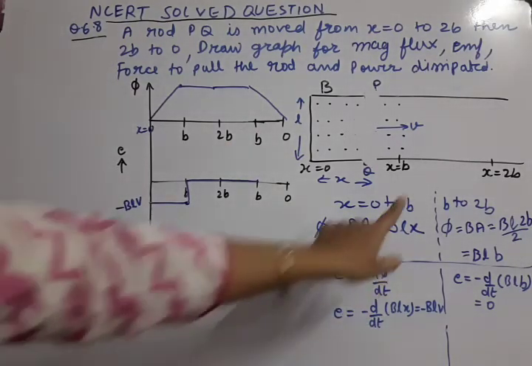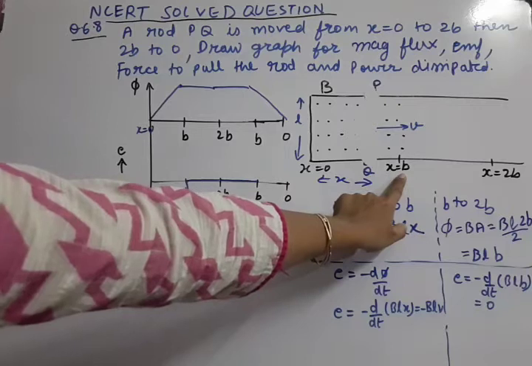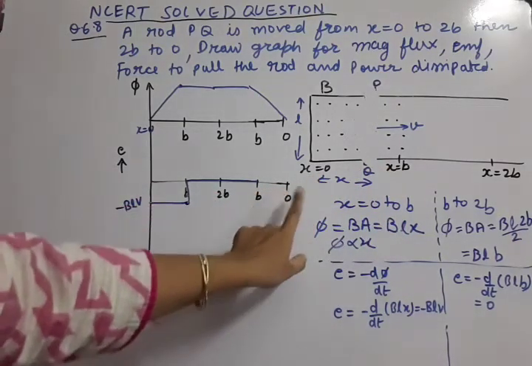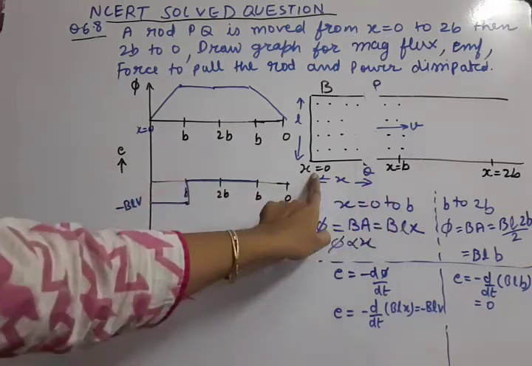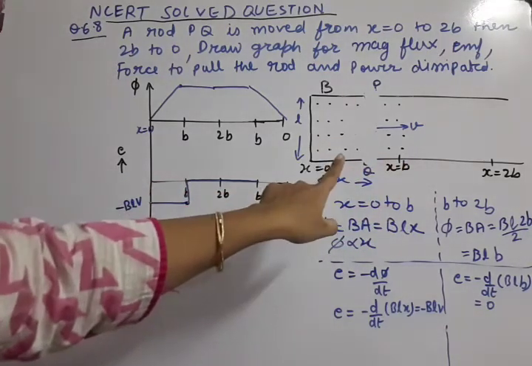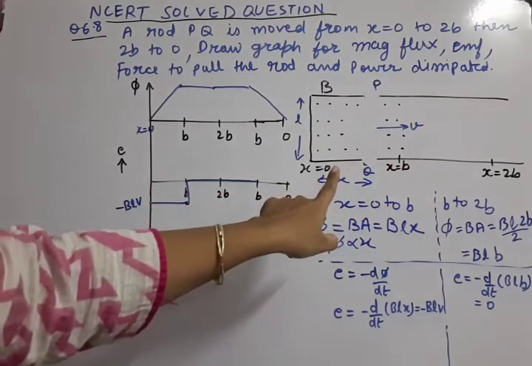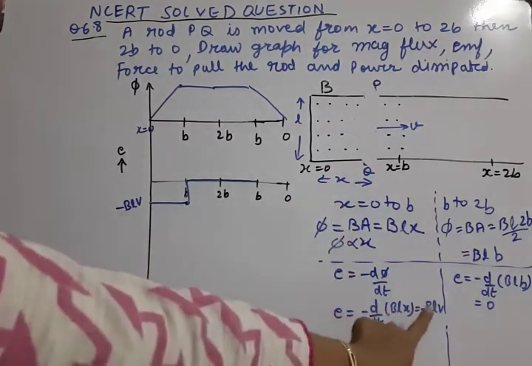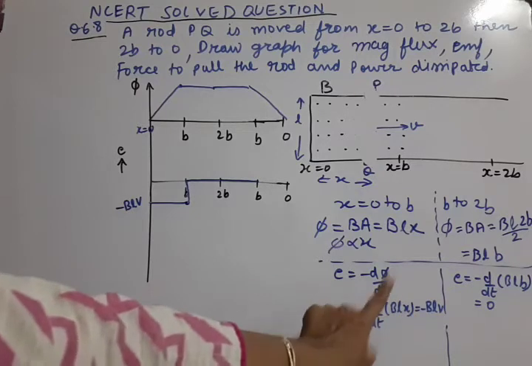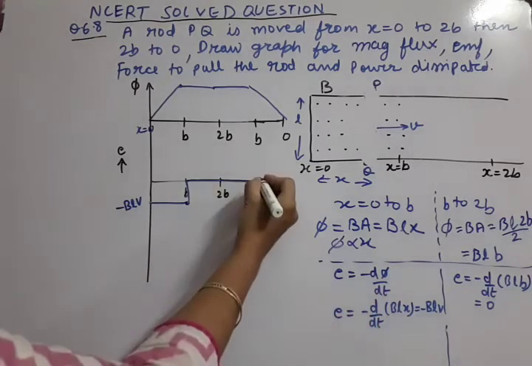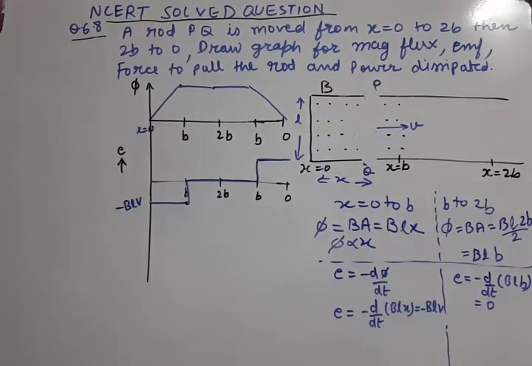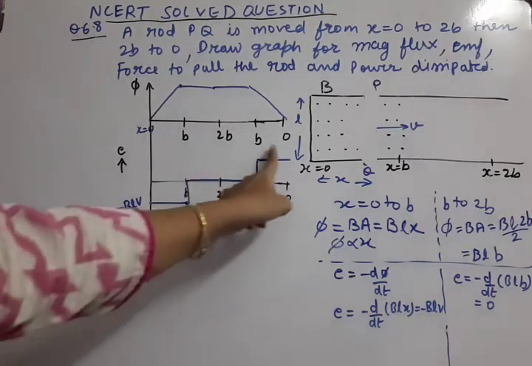After that, when the rod is moved from B to 0, since the flux is now decreasing, the sign has changed. So the induced EMF direction will also change. Instead of minus BLv, it will become plus BLv because the sign has changed. So BLv is a constant graph, this way and this way.